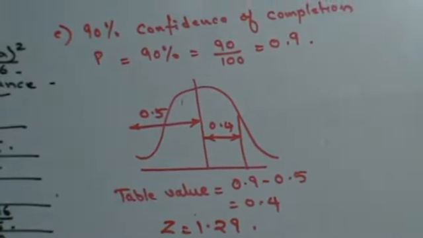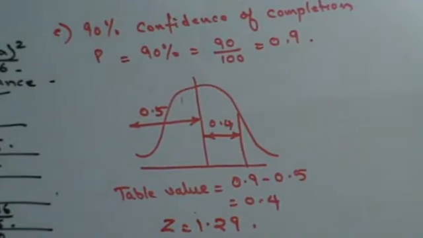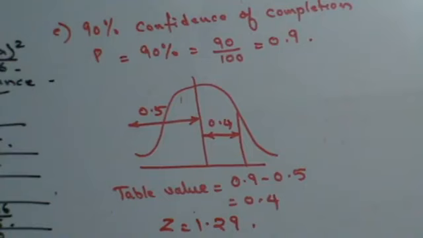So the closest greater value is 0.4015, therefore I will take Z as 1.29.